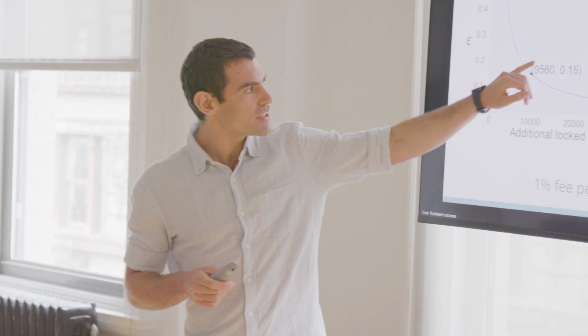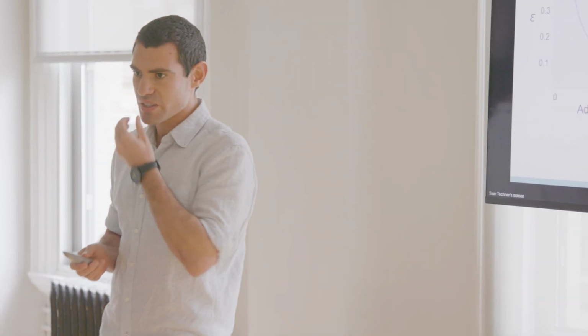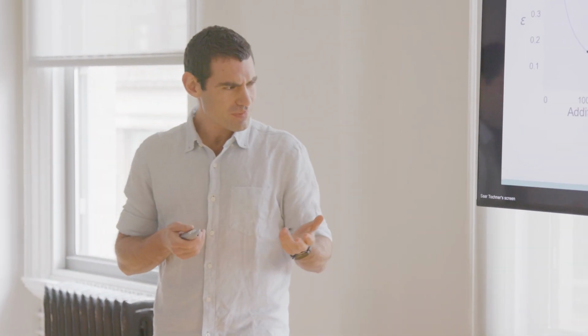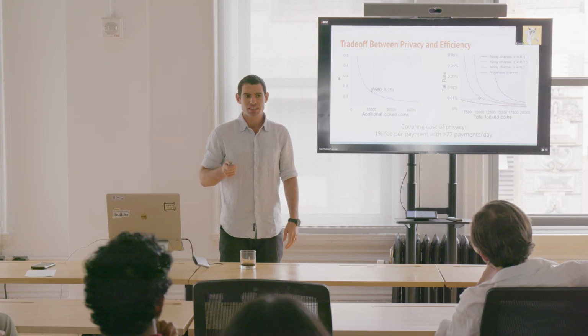So yes, I agree that this 9,500 seems like a lot, but 1% of 77 payments a day is reasonable. For example, Visa takes 2.5%, American Express takes 4%, we're taking 1%. Okay. Makes sense?